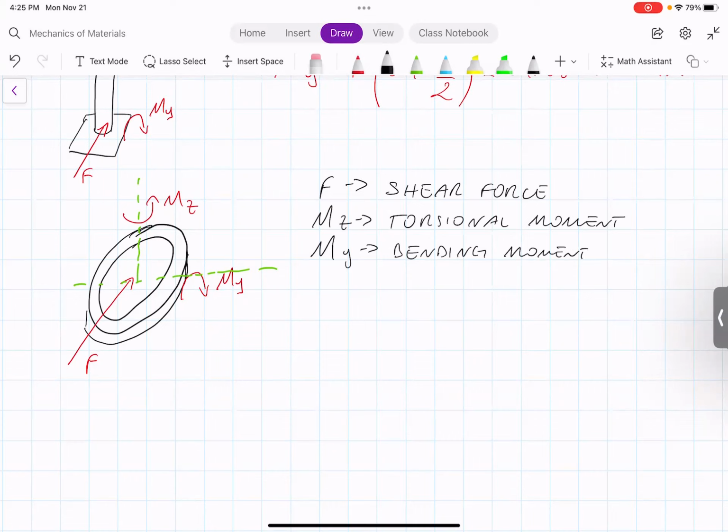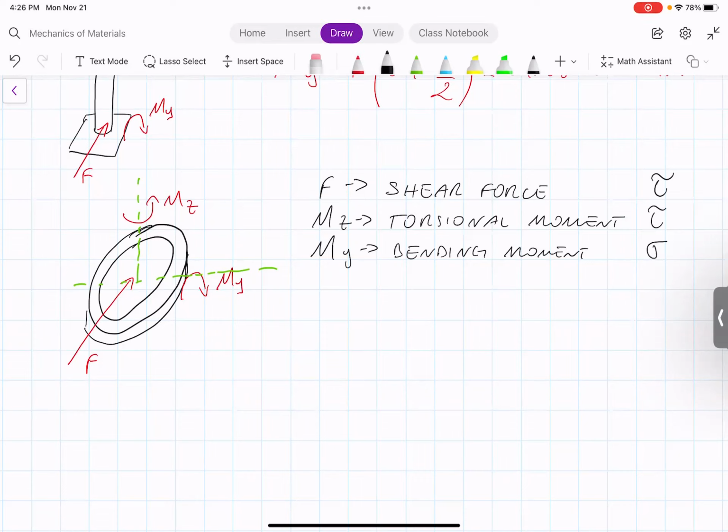We know that each of these loads will bring a certain type of stress to our cross section. In particular, the shear force will bring a shear stress. Then the torsional moment also brings a certain shear stress, and then the bending moment will bring a certain normal stress.